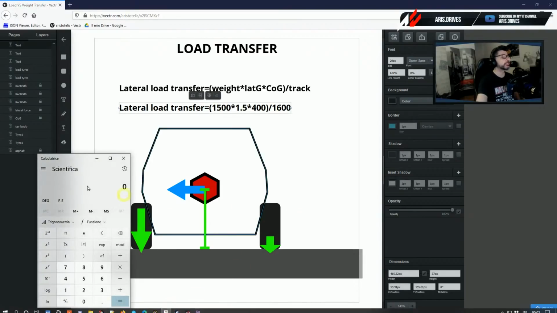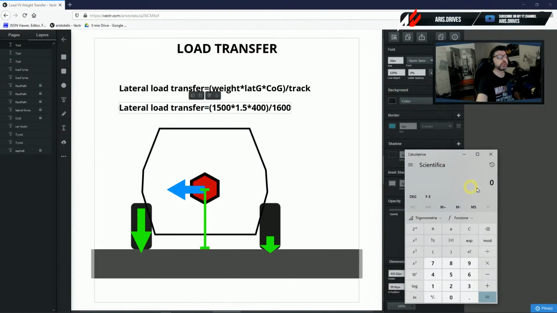If you put that into a calculator, 105 multiplied by 1.5 multiplied by 400, divided by 160, you get 562, and those are kilograms. 562 kilos are moved to the outside.